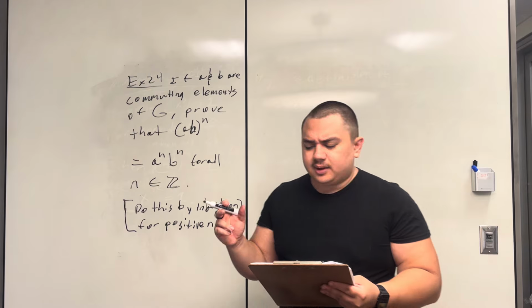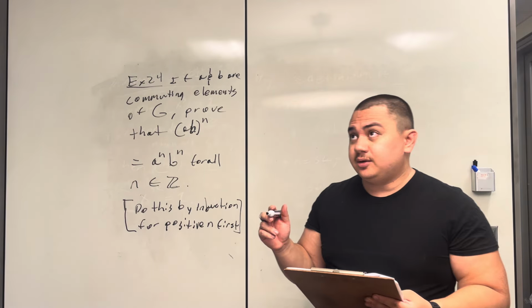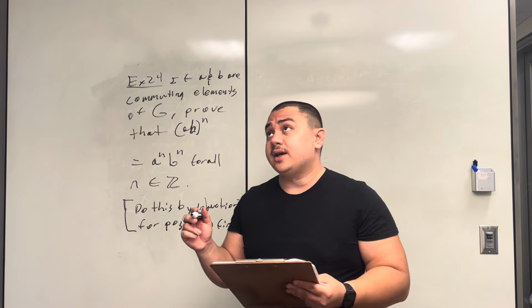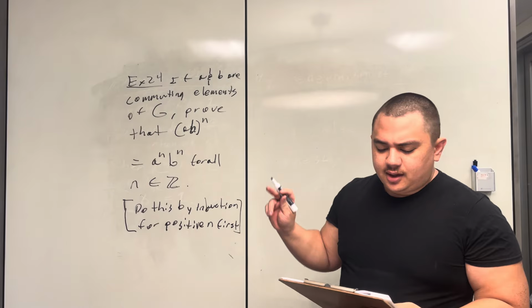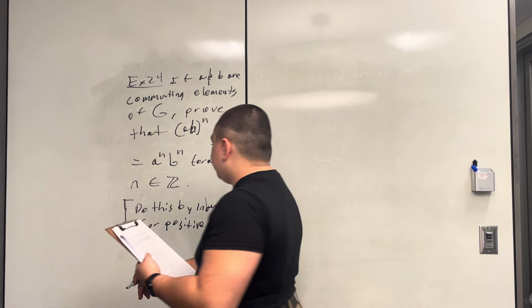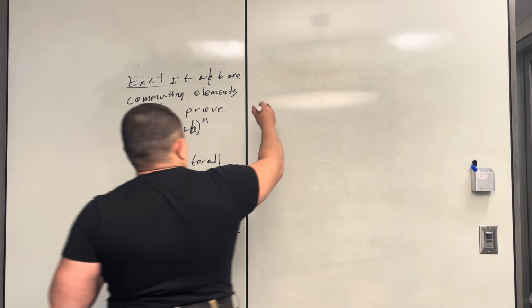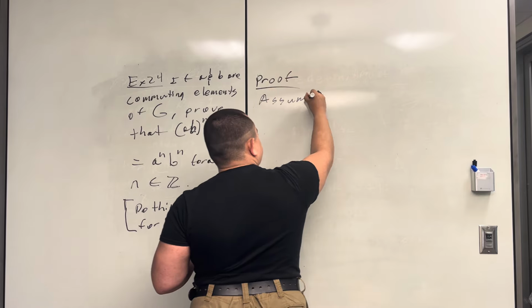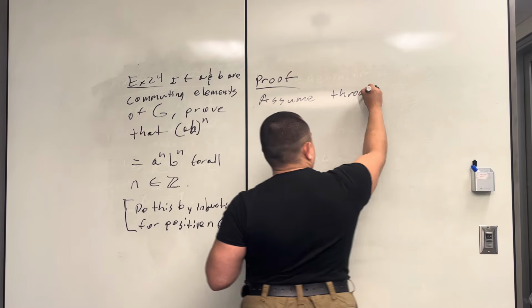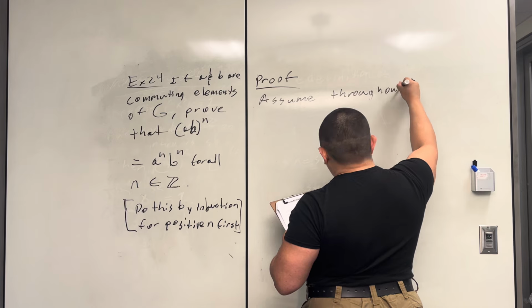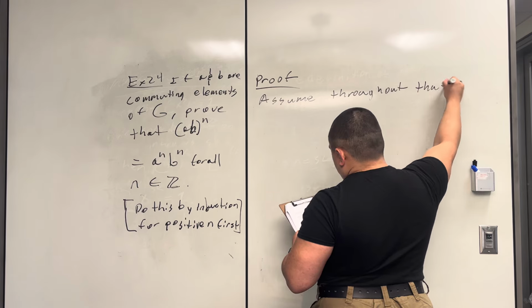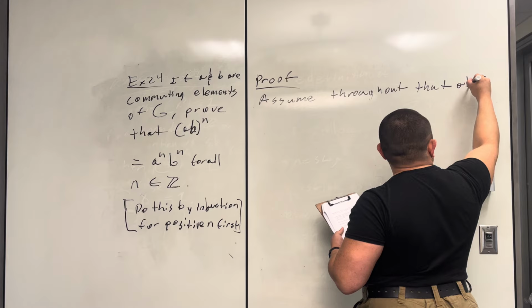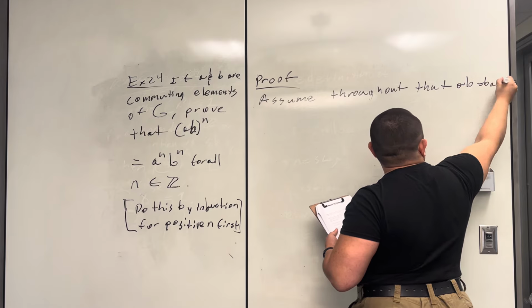Negative exponents follow from (AB) to the negative 1 is equal to B to the negative 1 times A to the negative 1, and the fact that inverses also commute. To look at this more rigorously, let's assume throughout that AB is equal to BA.